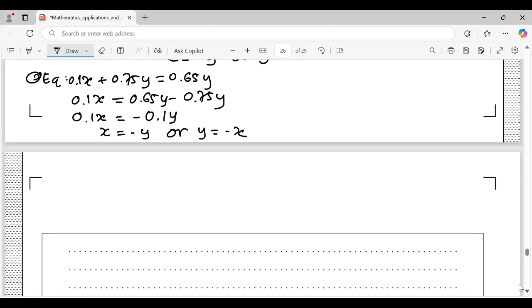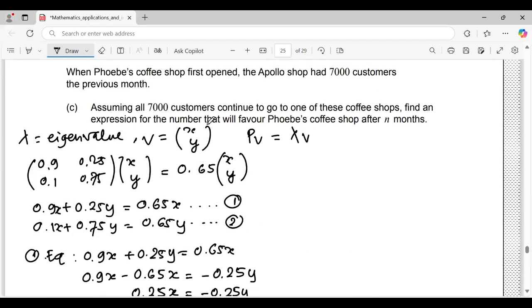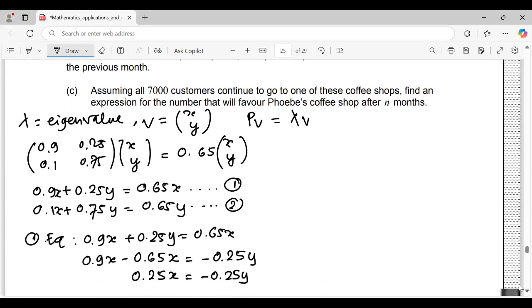And an eigenvector corresponding to the eigenvalue lambda equals 0.65 is any vector of the form x, y. If y equals minus x, the form will be x and minus x.